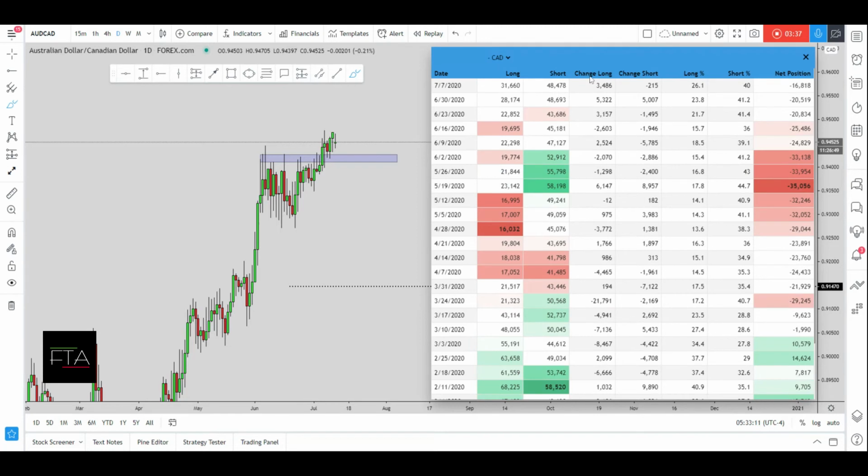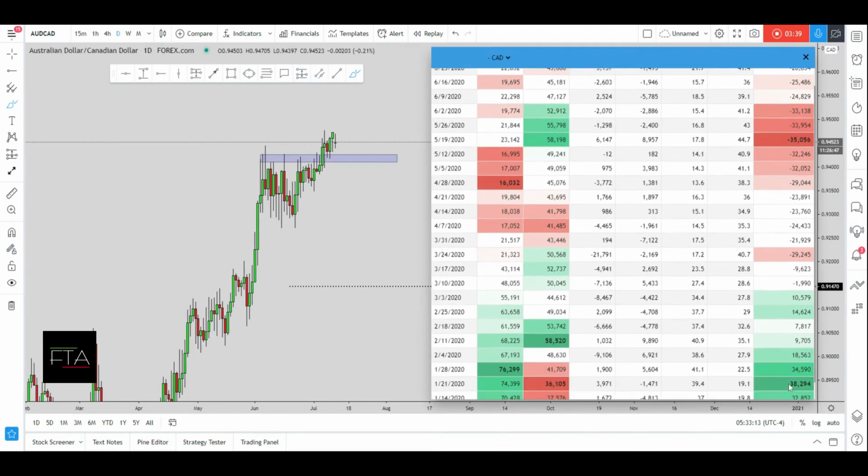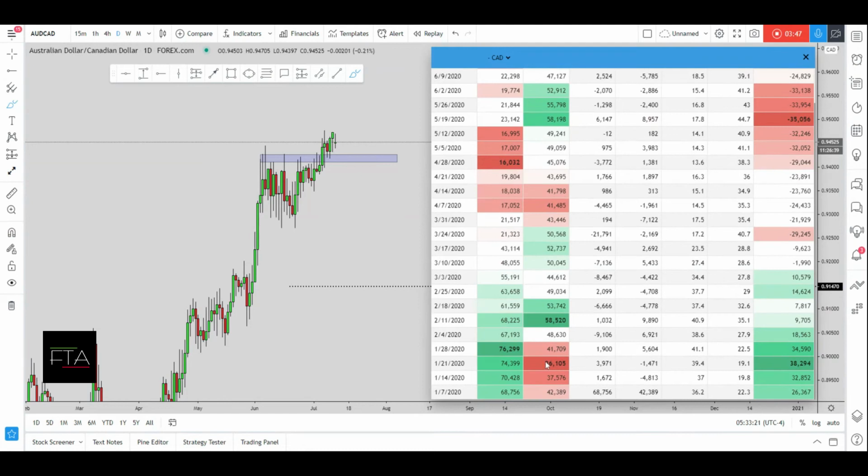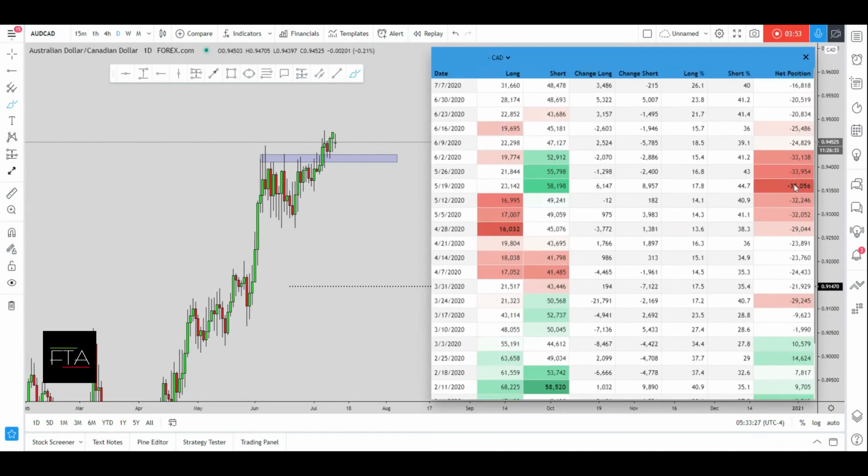And if we go and see what we have from a CAD perspective, we went from 38K net positions all the way down to minus 16K net position, meaning that we went from having way more longs than shorts, with 74K longs and 36K shorts, all the way down to having a negative positioning with 58K shorts and 23K longs.